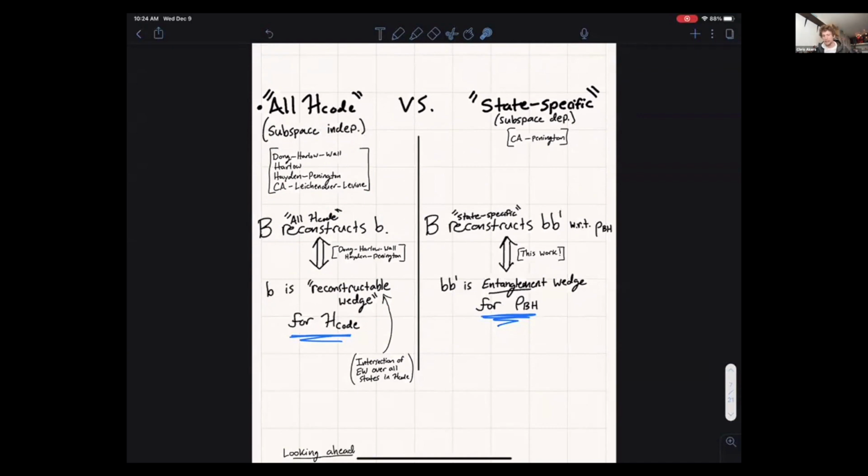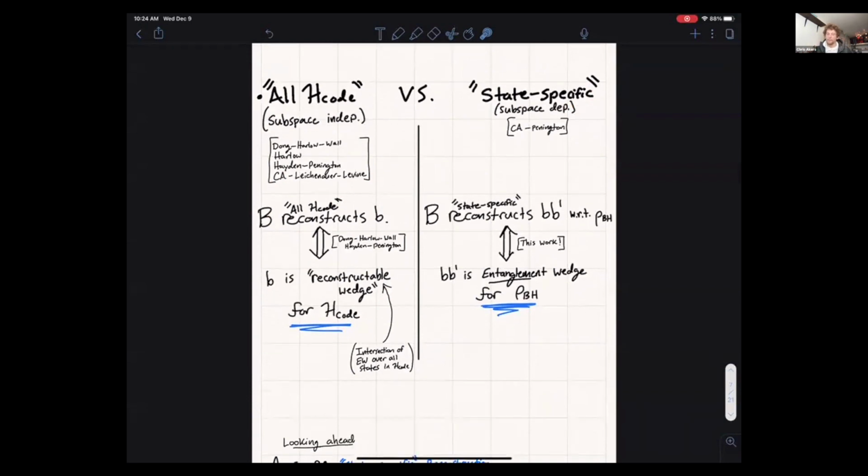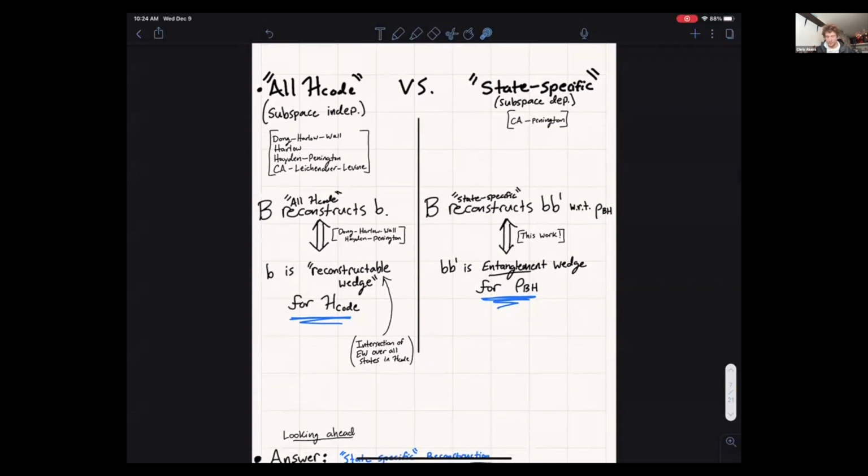We want something that will turn out to be state specific. The point of this work, the theorem, will be an equivalence between some region being the entanglement wedge for a given state and a specific sort of quantum error correction with respect to that state.